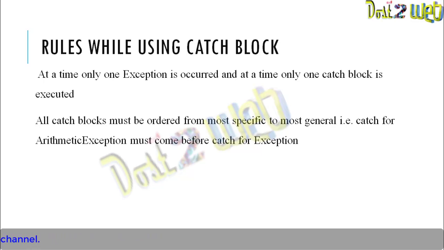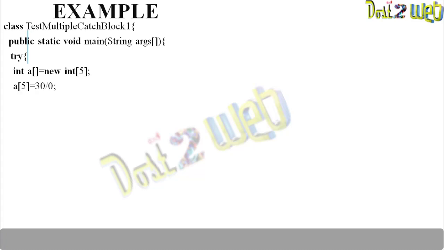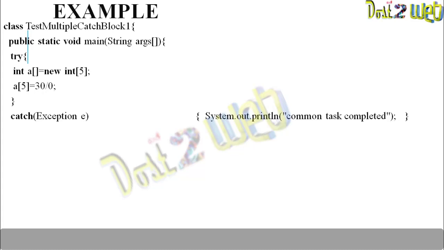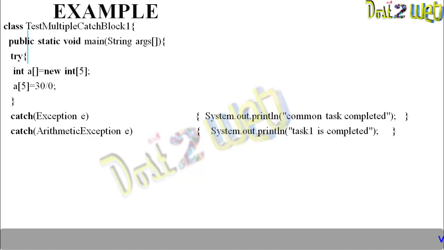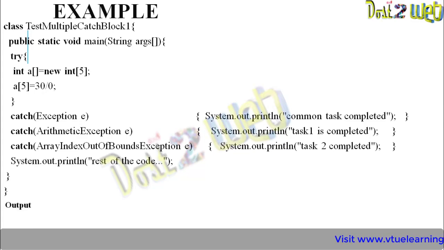As per the previous example we have seen, now an example. In the try block, you are just using the division by 0. Then catch Exception e. Then after that I am giving the arithmetic exception, and then the third, array index out of bound. So what will I have as output?